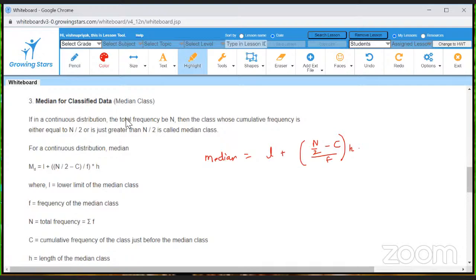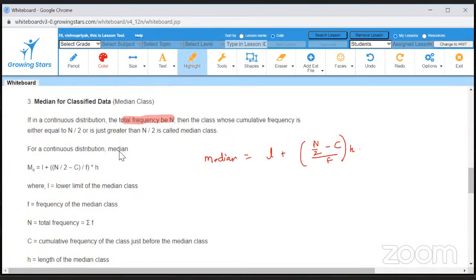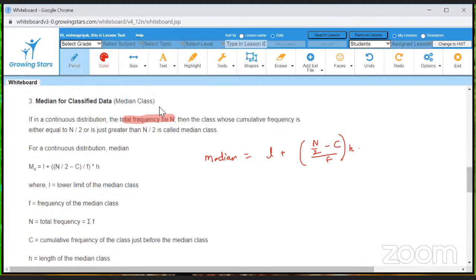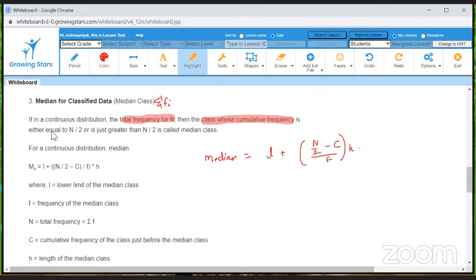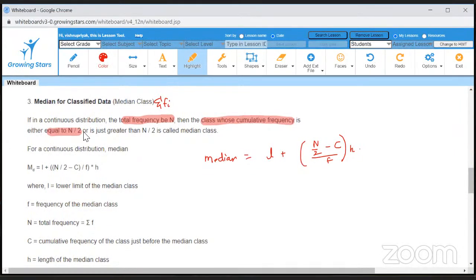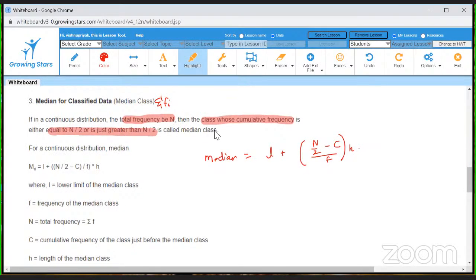You take the total frequency n, the sigma of all the frequencies. Then take the class whose cumulative frequency is equal to n by 2 or just greater than n by 2. That will be the median class.